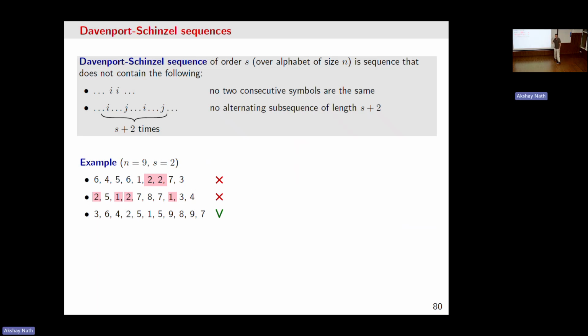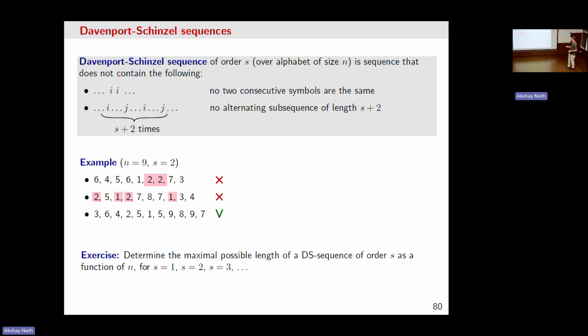So how long can this be? Obviously it's going to depend on n. It's a function of n, but also a function of s. So exercise, let's try to solve the exercise together. What is the maximum length for different values of s, small values, as a function of n?